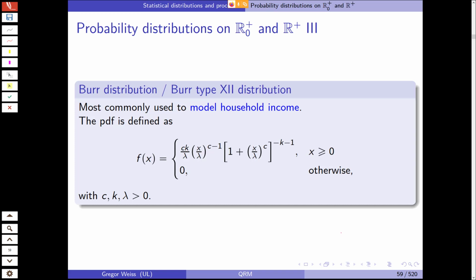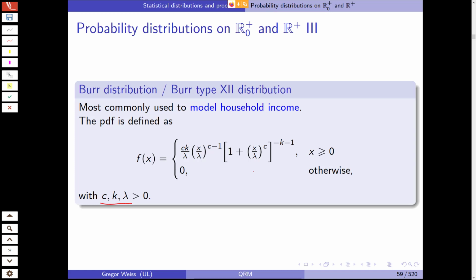Sometimes we also use the so-called Burr or Burr type 12 distribution. This is most commonly used to model household income, especially in economics. And the PDF now is given by this expression. You don't need to remember all these definitions, but you need to know that we have three parameters, c, k, and lambda.